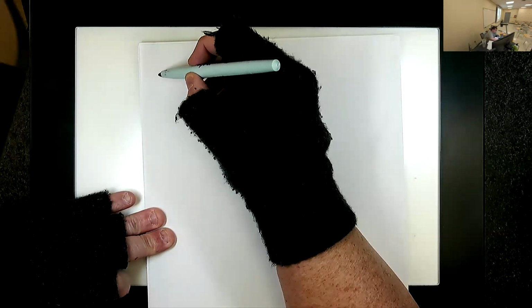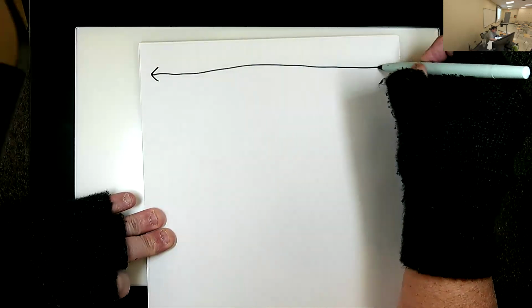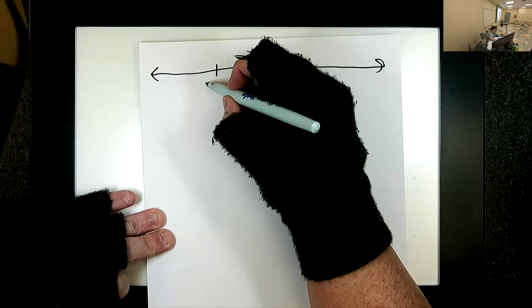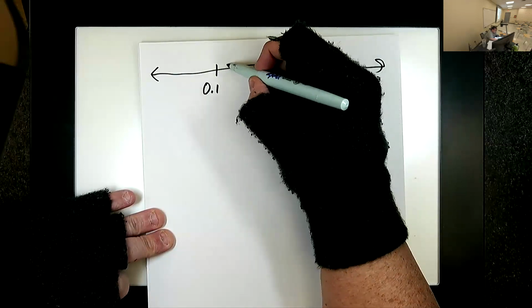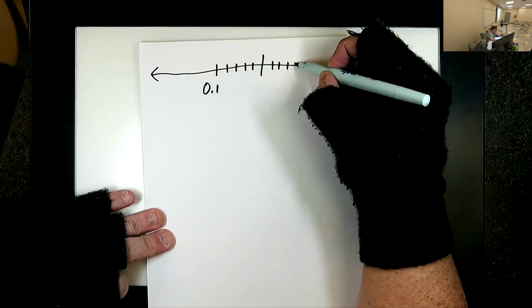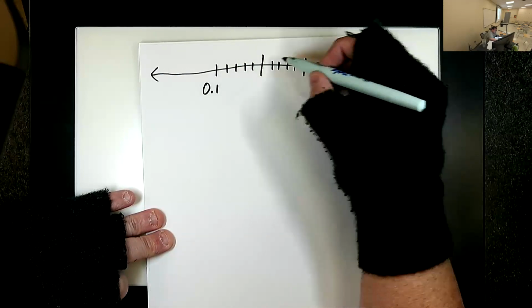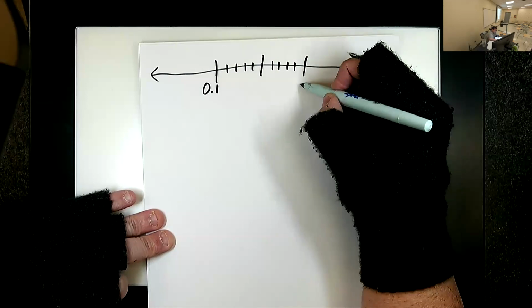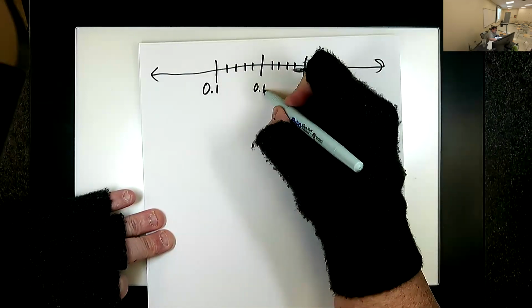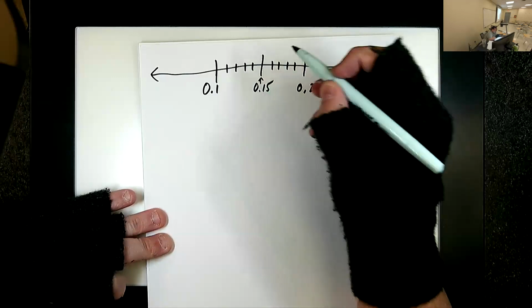Actually, before I do that, I should have something right here. Like if I had 0.1, and this is 0.2, this would be like 0.15 right here.